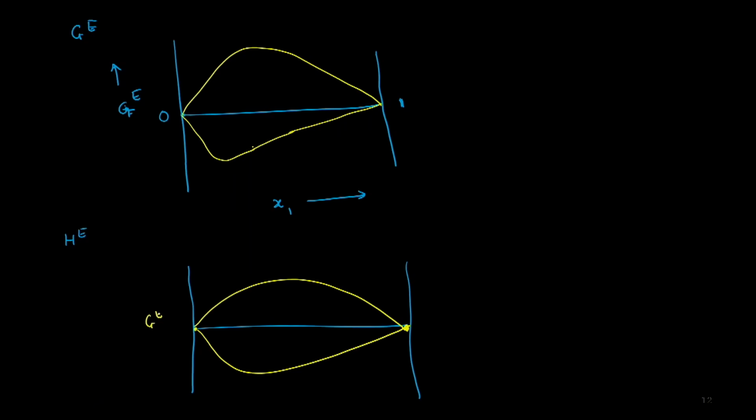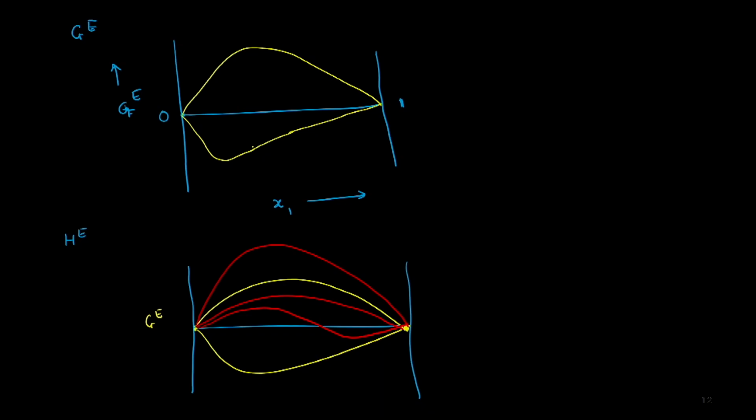And with respect to GE, HE can be greater or it can be smaller than GE. In fact, for a part of the composition, it can be positive, and for the other part, it can be negative, and so on. So with respect to GE, there can be a lot of variations in terms of HE.